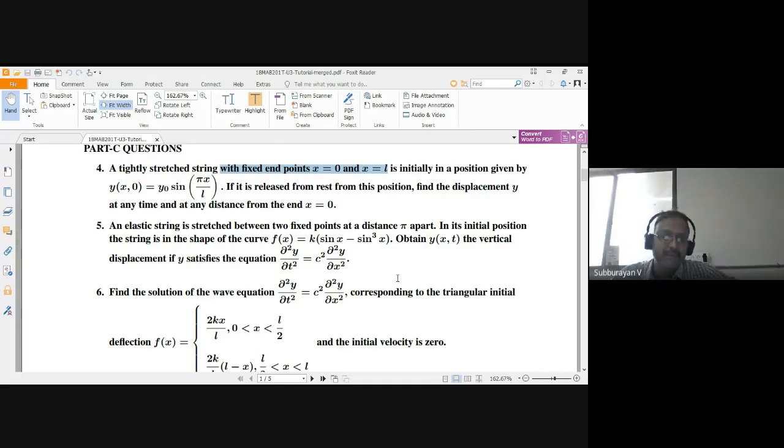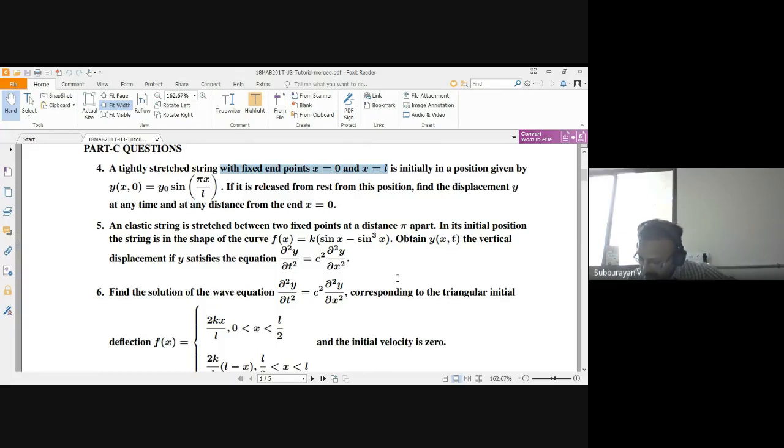Here they assumed that the velocity of the string initially is also 0. There is no velocity profile acting on the string. Therefore, y_t of x comma 0 equal to 0. And y of x comma 0 is equal to k sine x minus sine cube x.